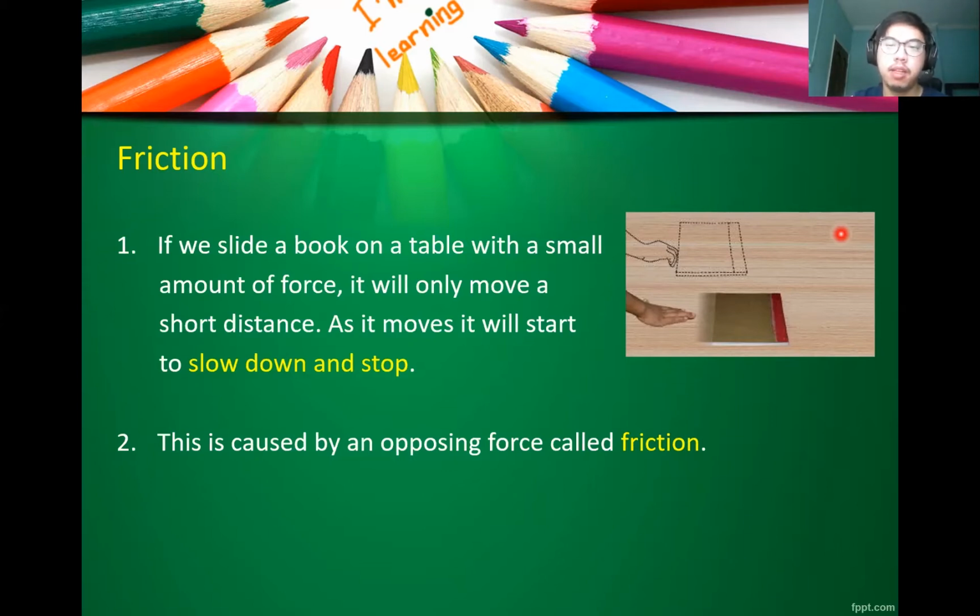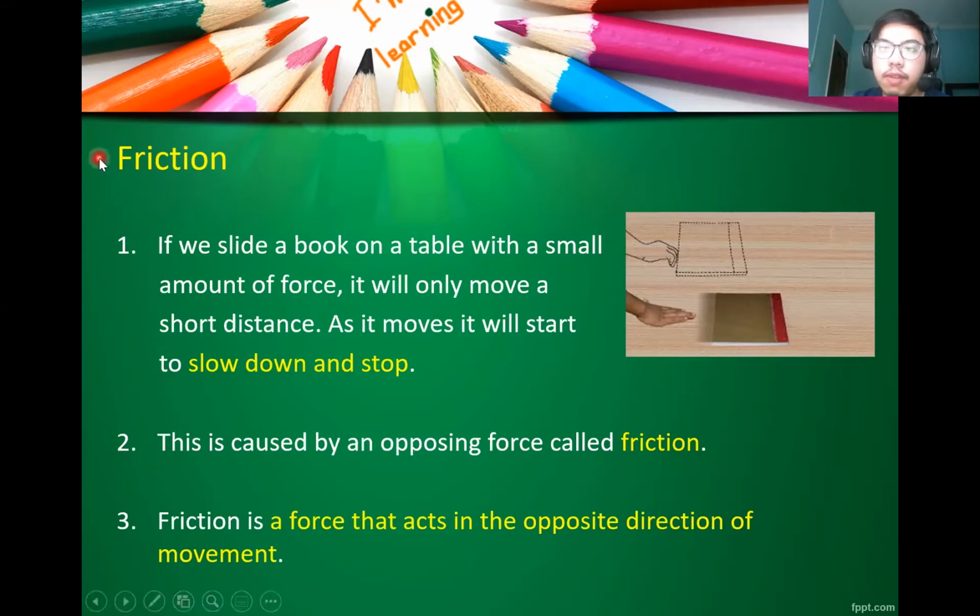In this example, you slide the book forward and there will be a force called friction that is acting backwards on the book. And because friction opposes motion, it will usually slow down the object and eventually make the object stop.